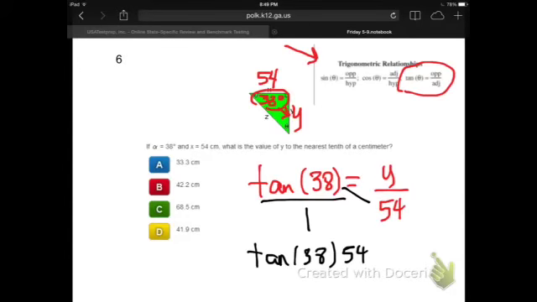And I put that in the calculator. Might be a good idea to make sure your calculator is in degree mode. Tangent 38, close your parentheses, times 54. And I get 42.18, which rounds to 42.2. So the answer to number 6 is B.